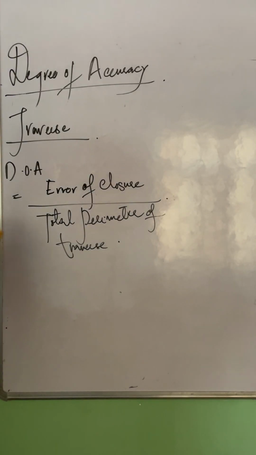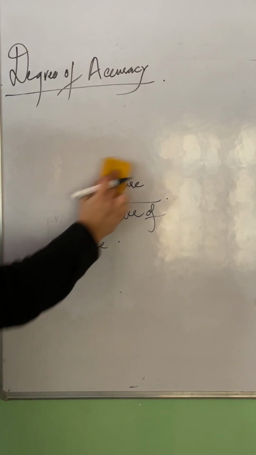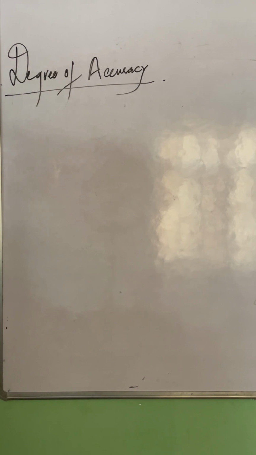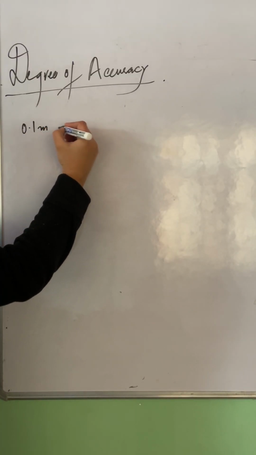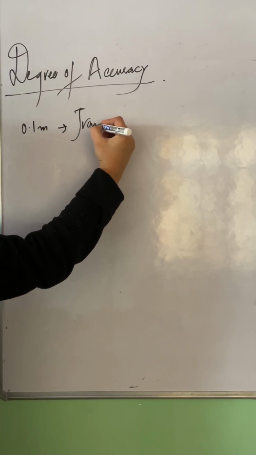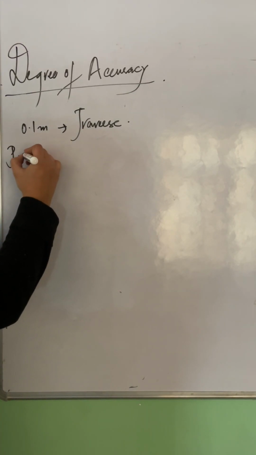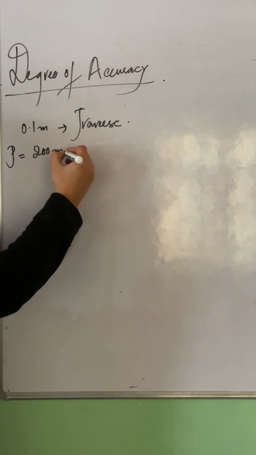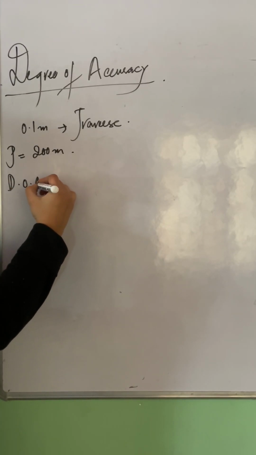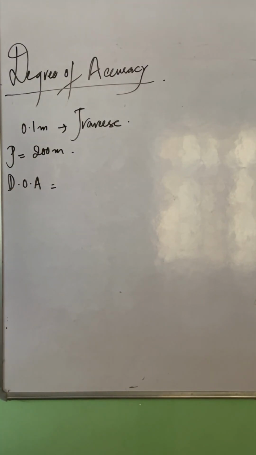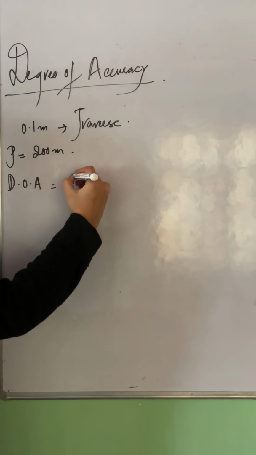Let's take an example. For example, if there is an error of closure of 0.1 meter in a traverse whose perimeter is 200 meters, our degree of accuracy will be 0.1 by 200.